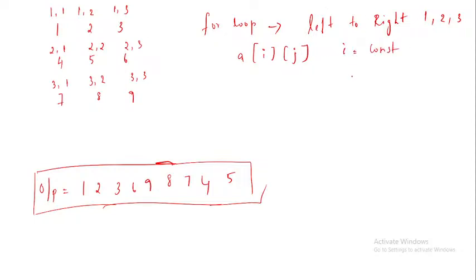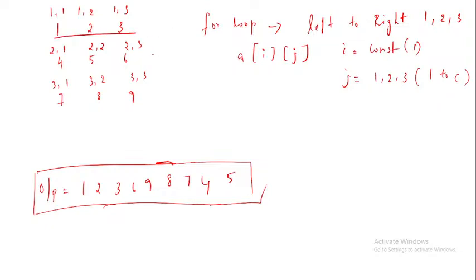But what about the J value? J value keeps on incrementing. So this is always 1, whereas the J value is 1, 2 and 3. So it is incrementing from 1 to the number of columns. If it is 4 columns, it will go till 4. If it has 10 columns, it will go till 10. So from 1 till the column, I am incrementing the value of J, right? So this one loop is used to print 1, 2, 3.